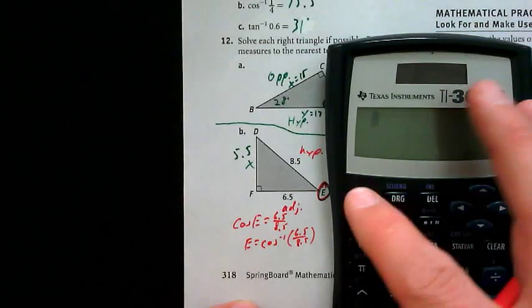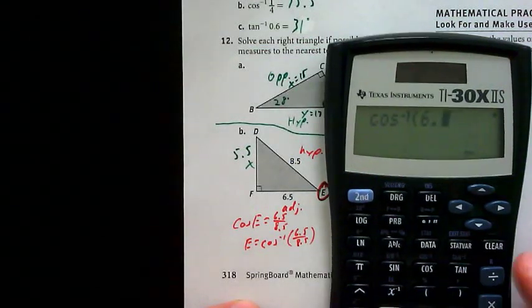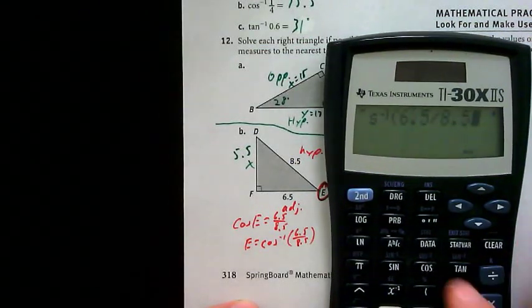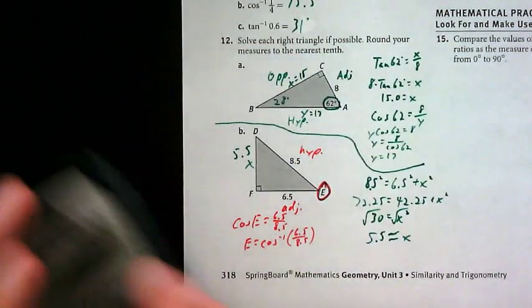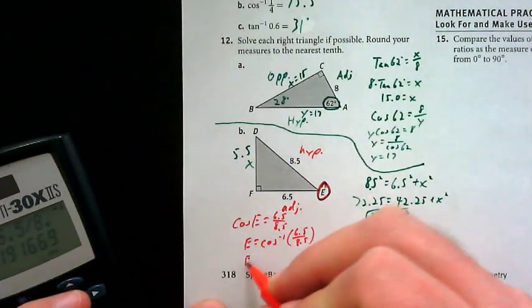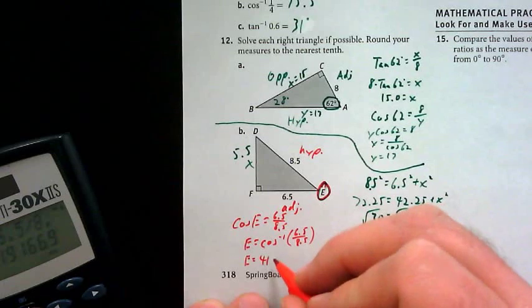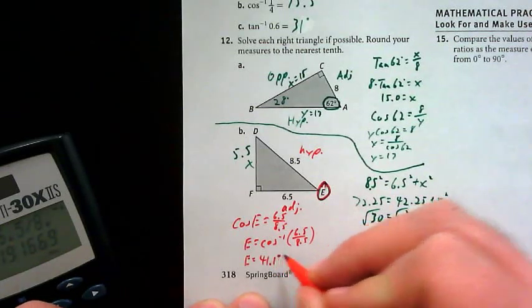So that's 40 point. What do they want us to round to? Yeah, it's tenth. So 40.1. So E is 40.1 degrees.